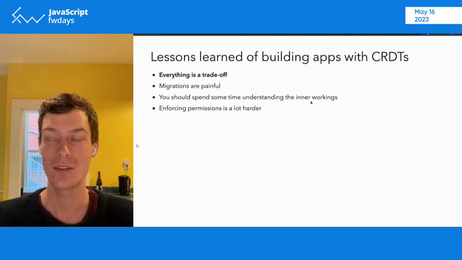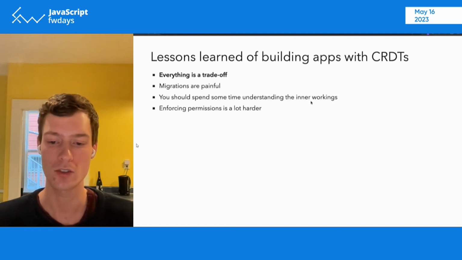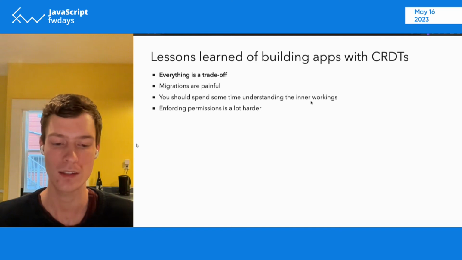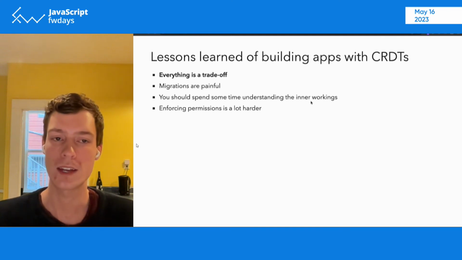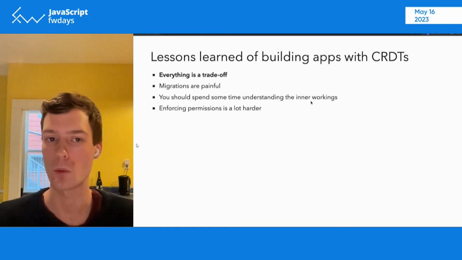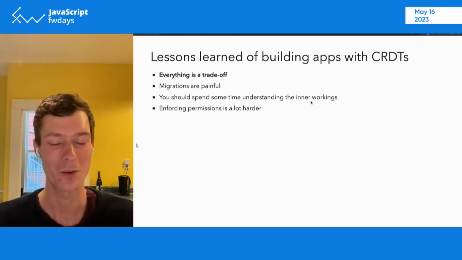Because if you just change data and overwrite data, you will lose or change the additional metadata that's associated with those CRDTs, which then again influences how remote changes are merged, and you can end up with some really painful migration code in the end to handle all of that.